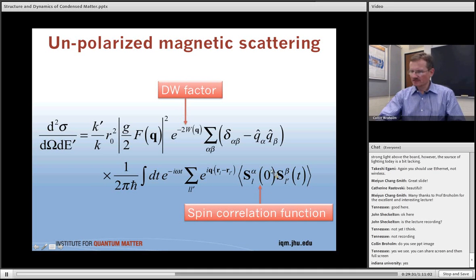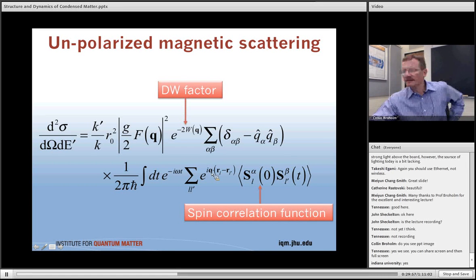I'm sensitive to the thermal expectation value of a component of the spin operator at that site and at this time of 0, relative to another component of the spin operator at a different site and at a different time. This is the nature of a two-point correlation function, and I get to Fourier transform that in both time and space.